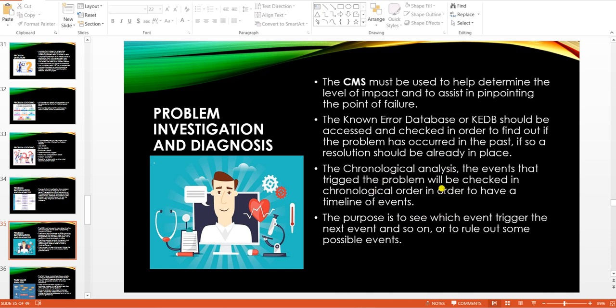Then there is chronological analysis, where the events that triggered the problem are checked in chronological order to build a timeline of events. The purpose is to see which event triggered the next, and so on, and to rule out some possible events.